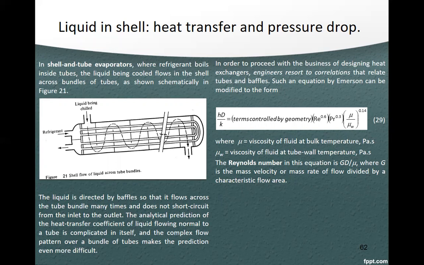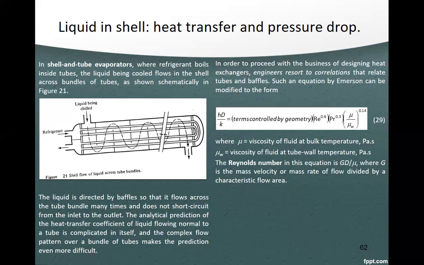Such an equation by Emerson can be modified to the form St over K is equal to terms controlled by geometry times Re sub B exponent 0.6 times Pr 0.3 times mu over mu sub W to the 0.14, where mu is the viscosity of fluid at bulk temperature, Pascal second, and average. Mu sub W is the viscosity of fluid at tube wall temperature, Pascal second.